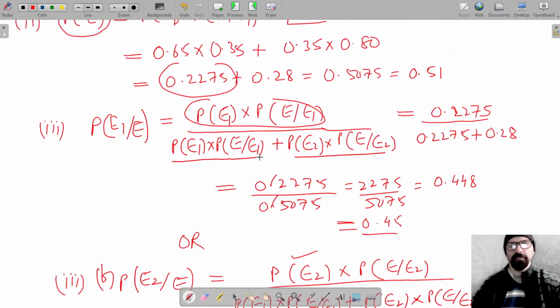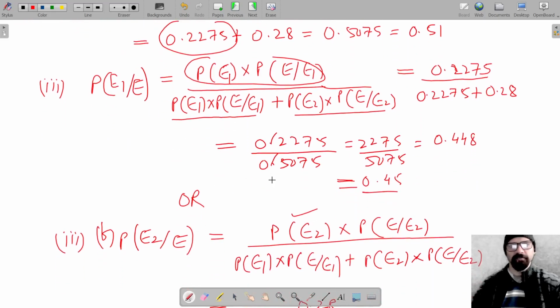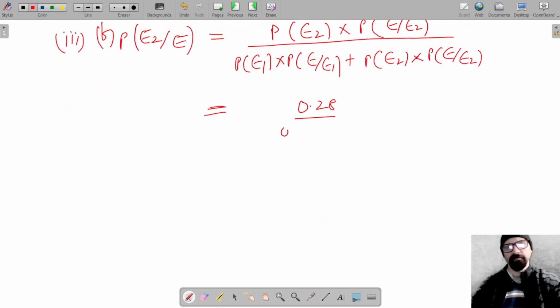And we have already added this; it is 0.5075.